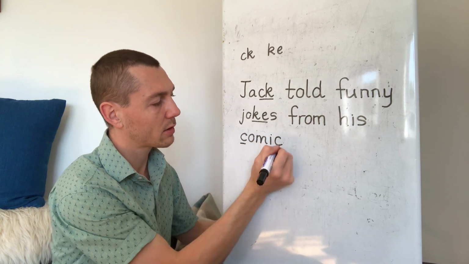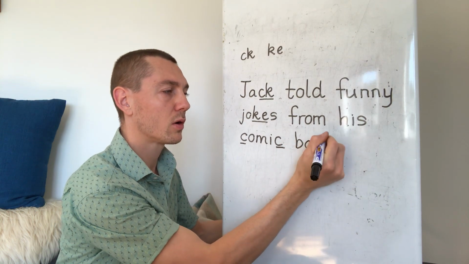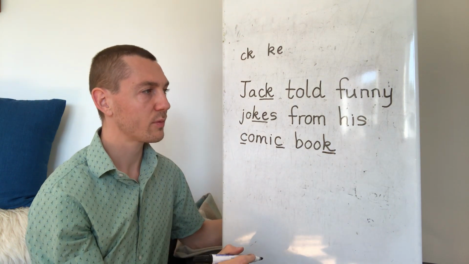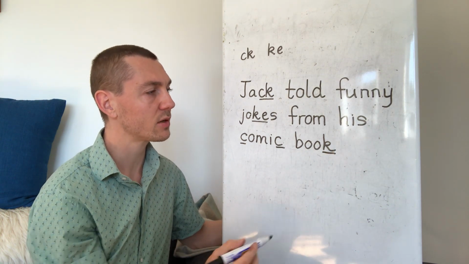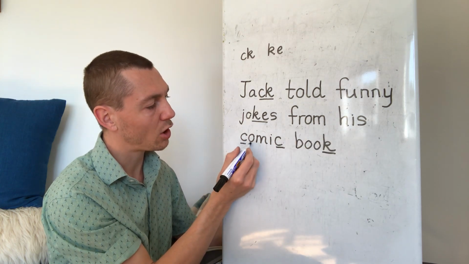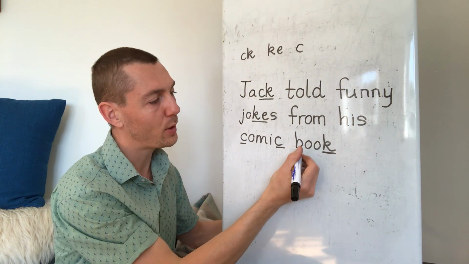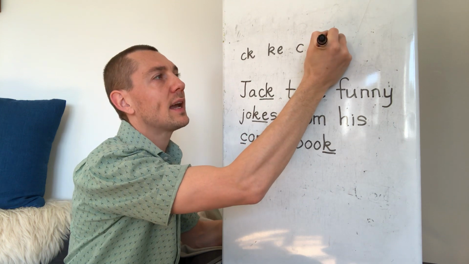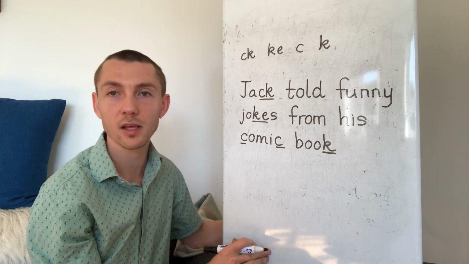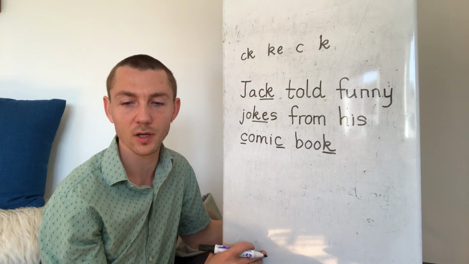Comic. Book. Okay, so what have we got there so far then? Jack told funny jokes from his comic book, with two C spellings of k, b, k, with the K spelling. Good, well remembered. Just check those and change anything that you need to. Jack told funny jokes from his comic book.